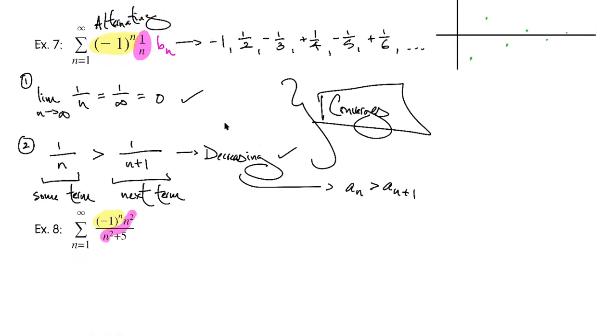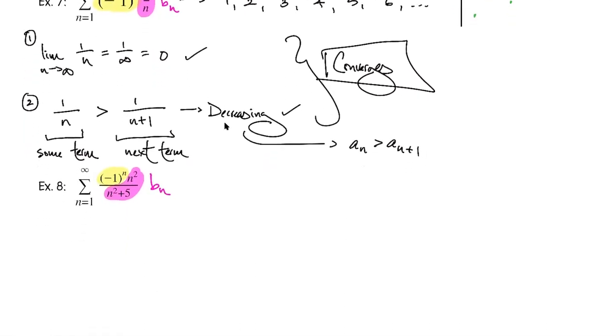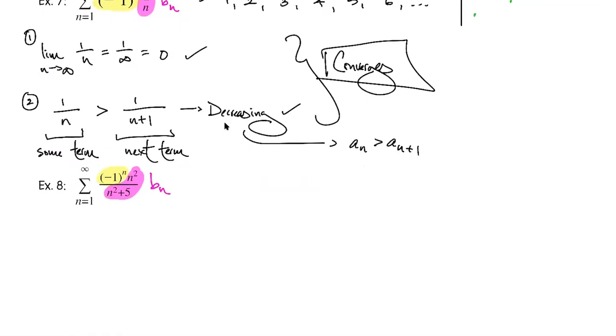Good, so it's this whole thing, right? That whole part is our b sub n. Okay, so if we wanted to apply our alternating series test, we're going to first see what the limit of just the b sub n part is.